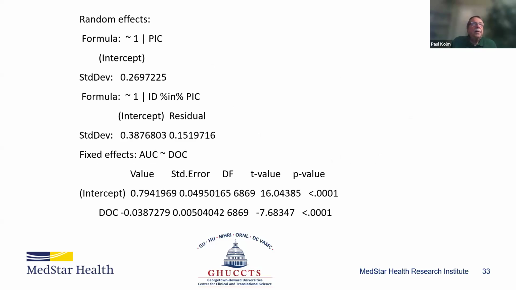And so this is just a continuation of our output here, giving us different statistics. But again, we see that the model taking into account the pictures within IDs, or within doctors, is better than the model just taking into account the pictures of the patients.